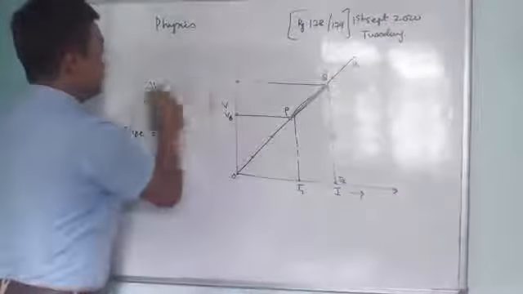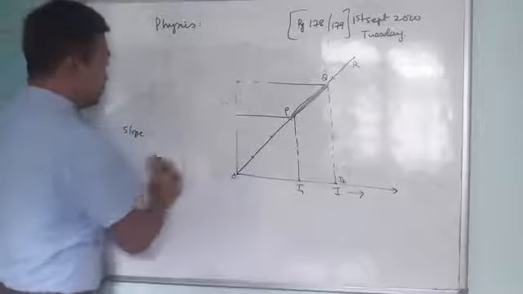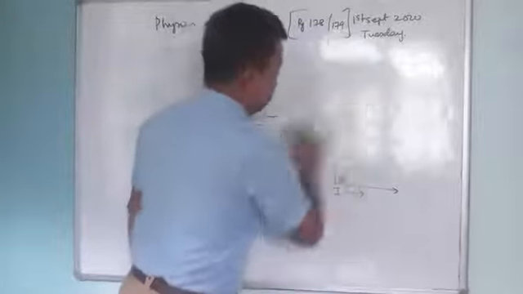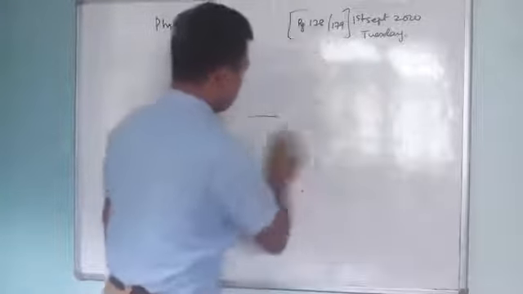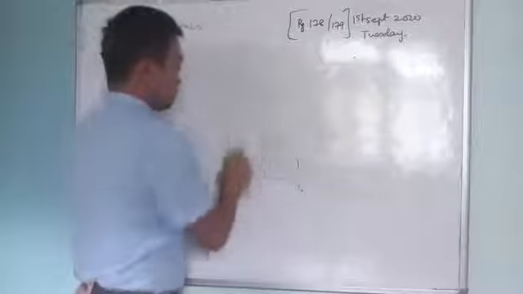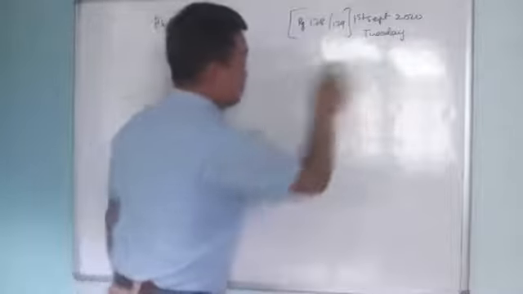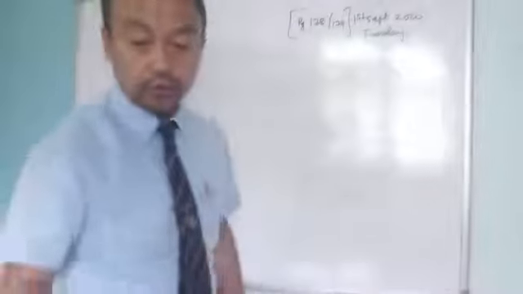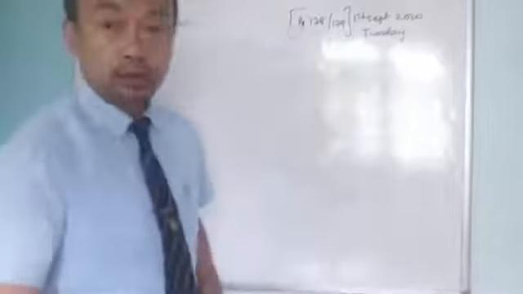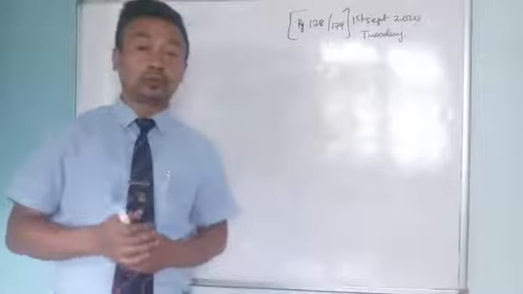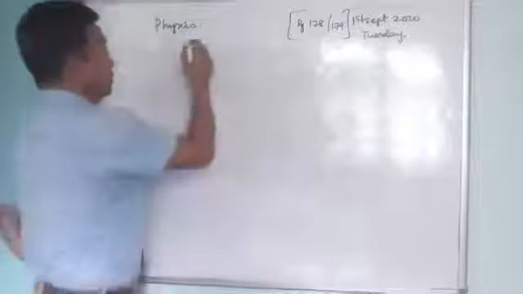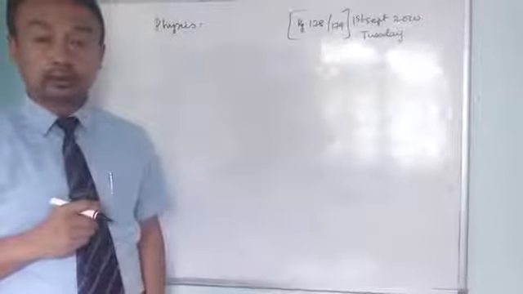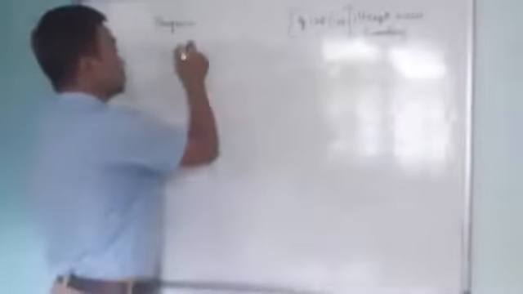Now let us discuss one more topic before we end today's lesson. This is very, very easy. Resistors, or also called conductors. We have two types of resistors, ohmic resistors and non-ohmic resistors.